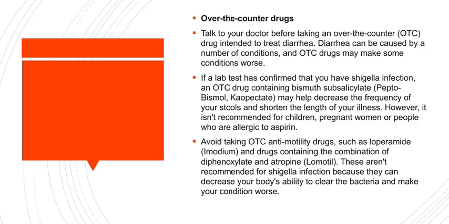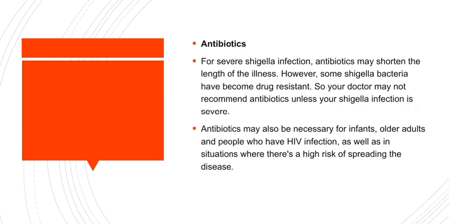However, it isn't recommended for children, pregnant women, or people who are allergic to aspirin. Avoid taking OTC anti-motility drugs such as loperamide, Imodium, and drugs containing a combination of atropine. These aren't recommended for the Shigella infection because they can decrease your body's ability to clear the bacteria and make your condition worse.